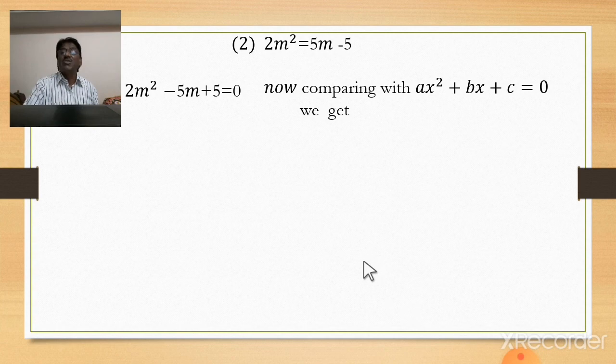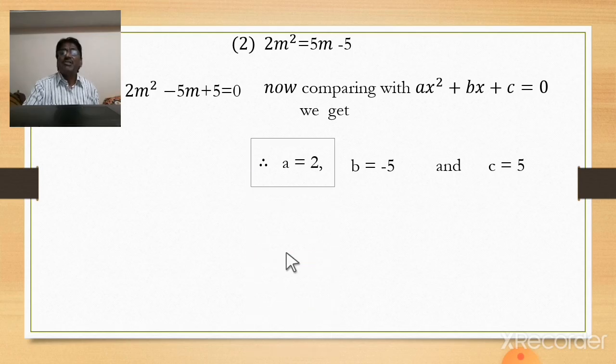Then we get a is equal to 2, b is equal to minus 5 and c is equal to 5. Therefore, we get a equal to 2, b equal to minus 5 and c equal to 5.